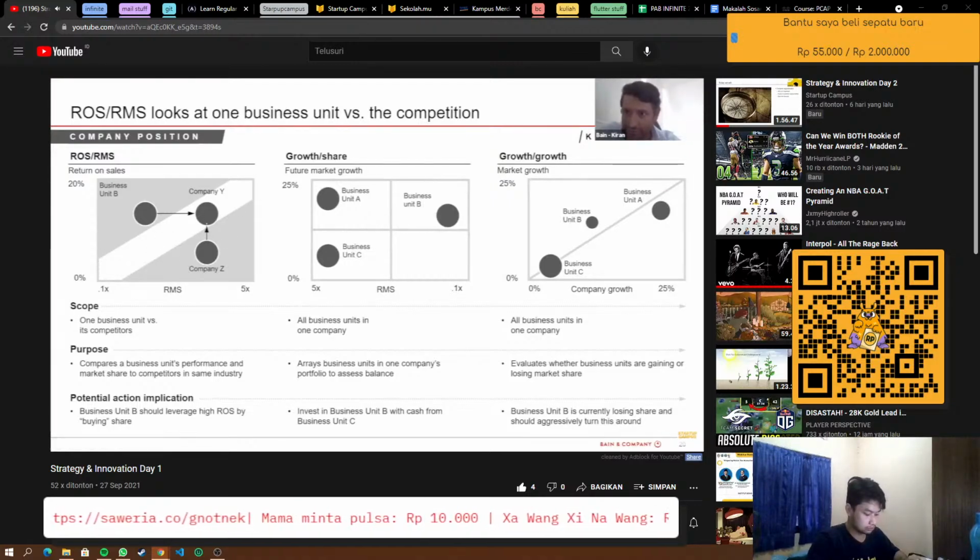Or I can plot a telecom cell, an Indosat, a tree, a smart friend, and I can say where they are, and I can figure it out, right? So it's for either one business unit or one business and its competitors, right?